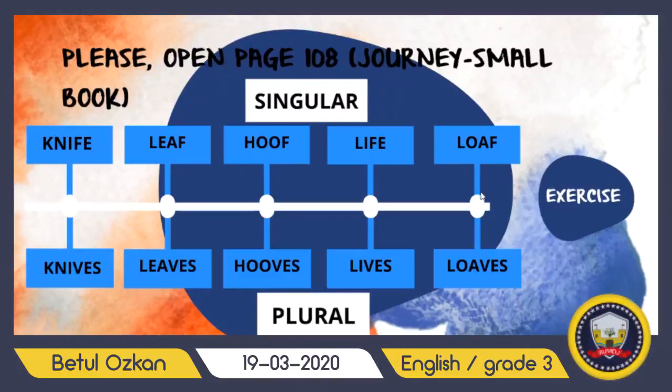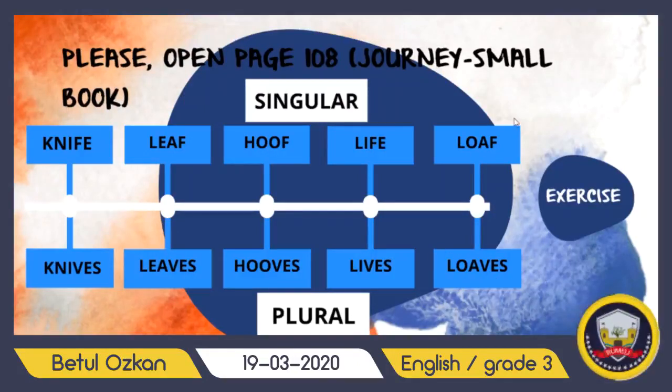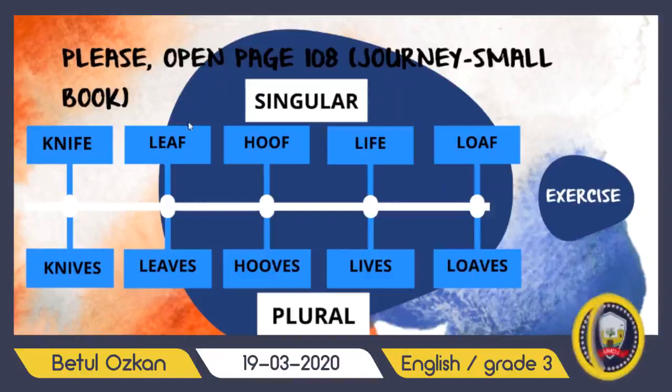But if I'm talking about more than one loaf, I'll use loaves. Check loaf and leaf here. Both of them finish with af. So instead of f, I put ves. F will be dropped and I'll put ves. Leaves and loaves when I make them plural.